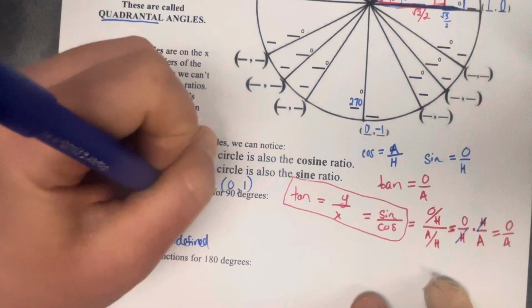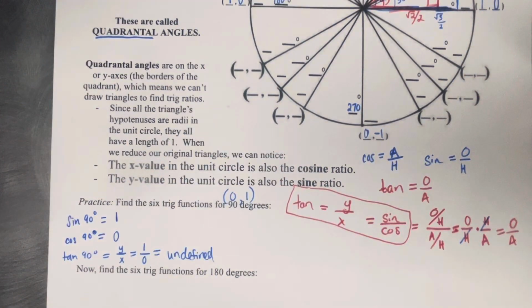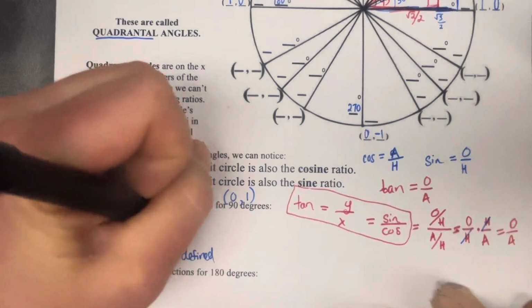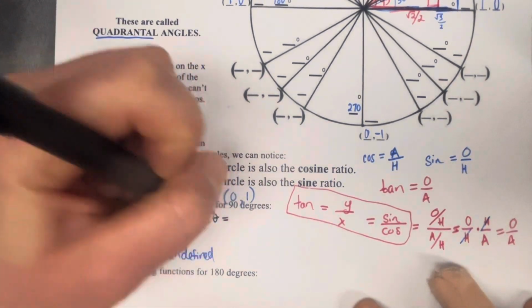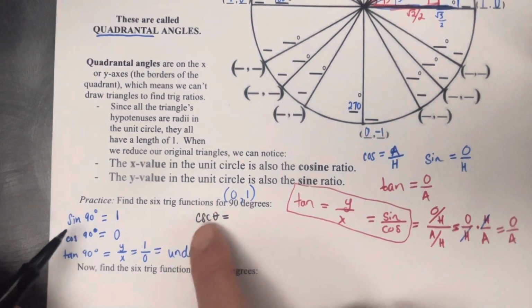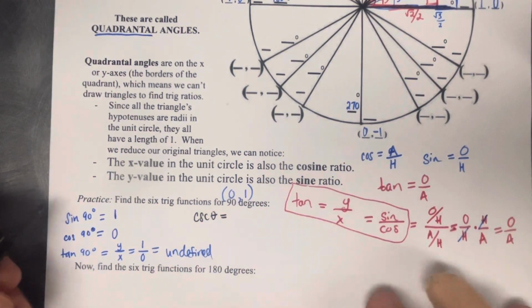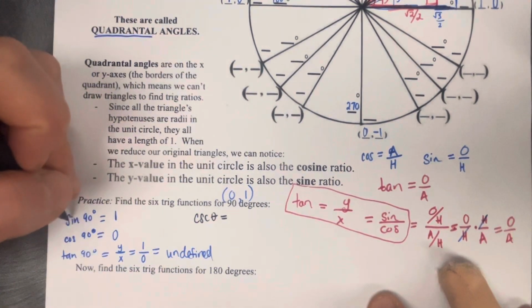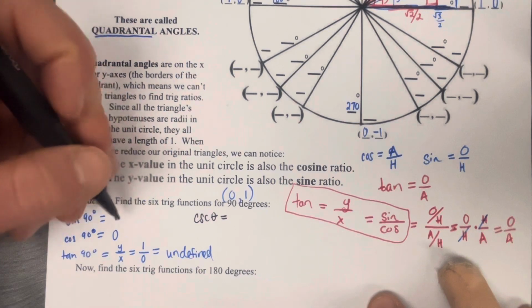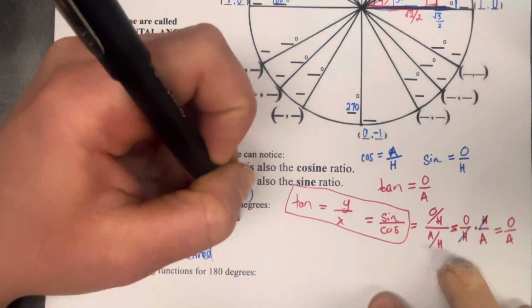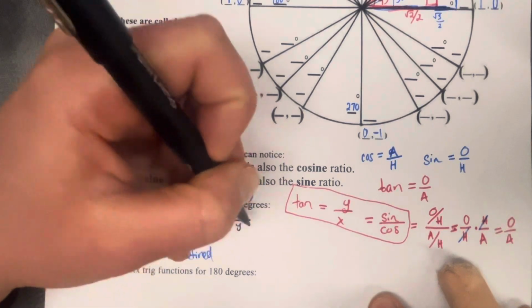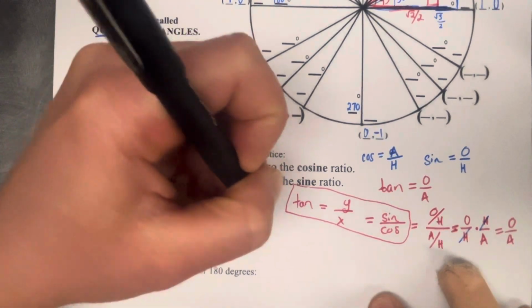Next, we'll do our reciprocal functions. So first we have the cosecant. Cosecant is the opposite of sine. Think, they have opposite letters, so they're reciprocals. So cosecant of theta would be 1 over our sine value, which is y. So 1 over 1 here, that would be 1.